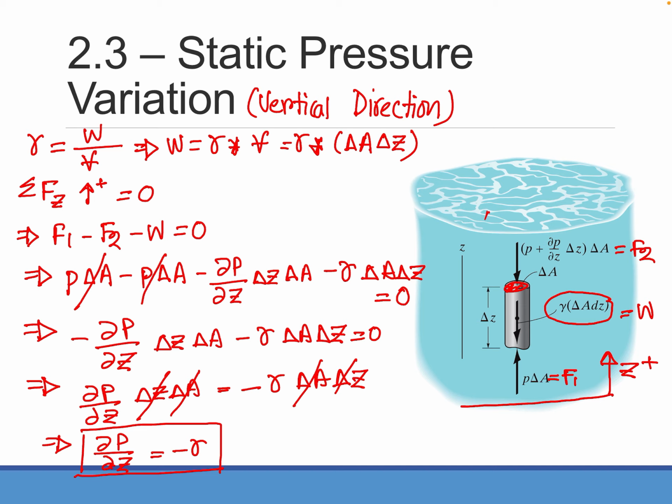That means if you go in downward direction the pressure will increase, or if you go upward the pressure is decreasing. That's why the negative sign.